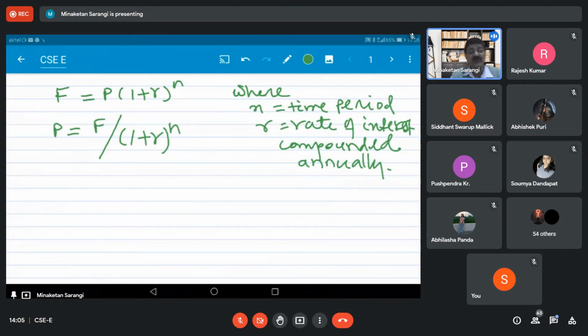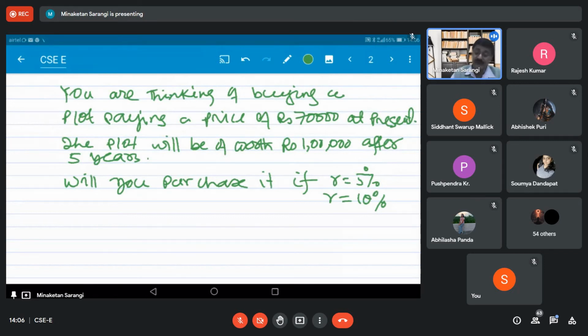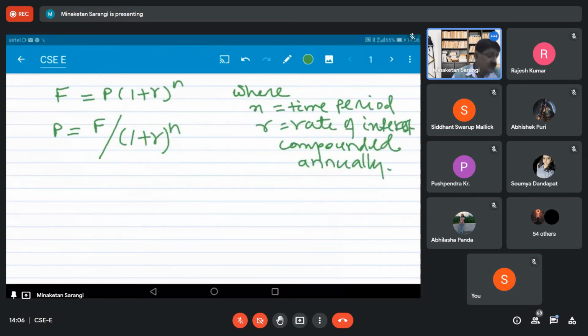How much should he deposit in the bank right now so that he will get a certain amount of money after a certain period of time with the given rate of interest? Now, we will go to that, and I will take a simple example again, and based on the example, we will go ahead.